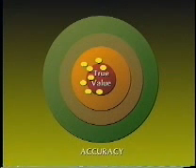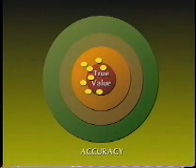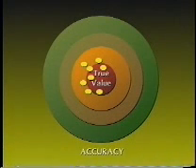Accuracy. While precision is defined as a measure of the closeness of a set of repeated measurements to each other, accuracy is the nearness of a given observation to the true value. Examples of accuracy standards are an exact value such as the sum of three angles of a plane triangle equals 180 degrees, or an established value for a unit of measure, such as 1 mile contains exactly 5,280 feet.